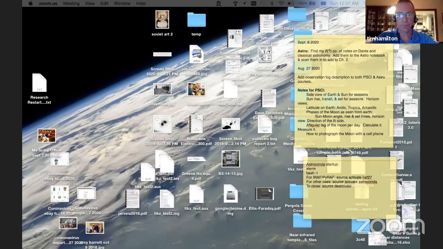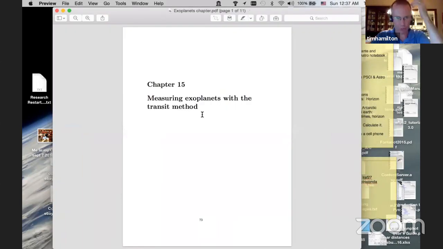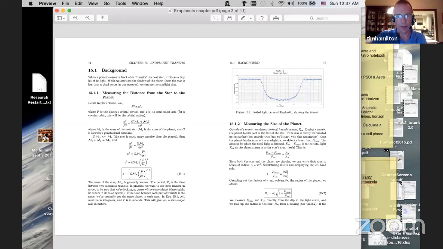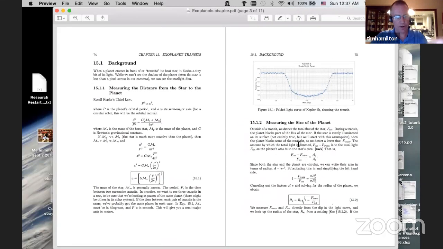All right. So this is a chapter here. Let me just go over it very briefly with you. So in this, I go over the theory of it. And depending on where your background in physics lies, you may recognize some of this already. We'll go over measuring the size of a planet. We will create this exact transit here.